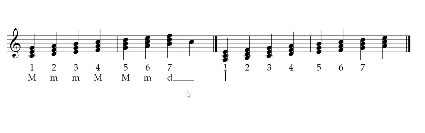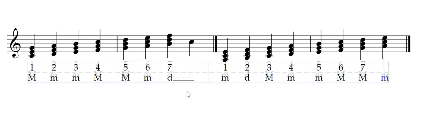Now, in the minor scale, remember, we're starting from the 6th scale degree when we do this relative minor. So we've got minor, diminished, major, minor, minor, major, major, and back to minor again for the tonic.